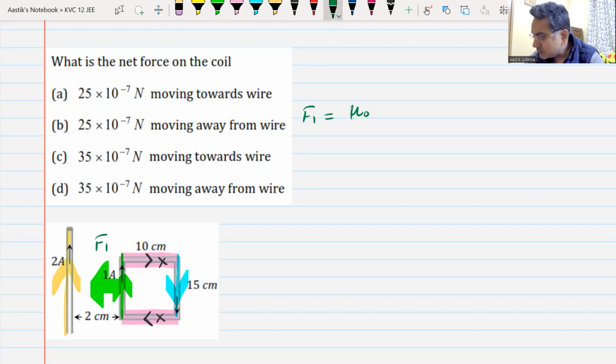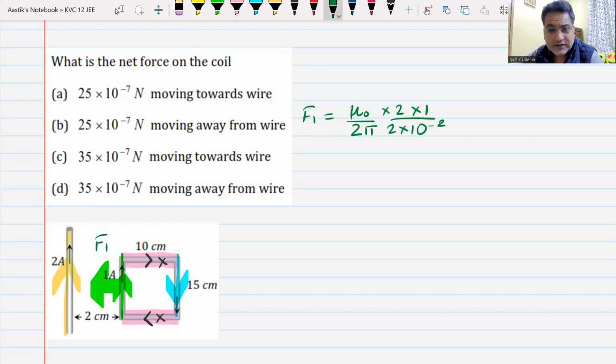Mu naught by 2 pi into the current in the first wire, 2 ampere, by r. The distance is 2 into 10 raised to the power of minus 2.